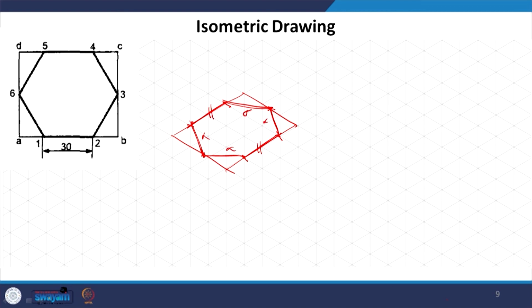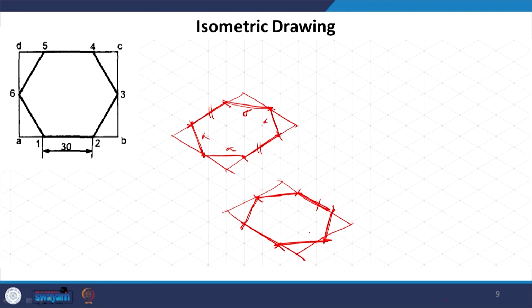Suppose I make it like this, I get a different looking hexagon. It will appear to be a regular hexagon, but if you measure the sides, they will not be equal. That is the trick of isometric drawing: you cannot measure it if it is non-isometric.